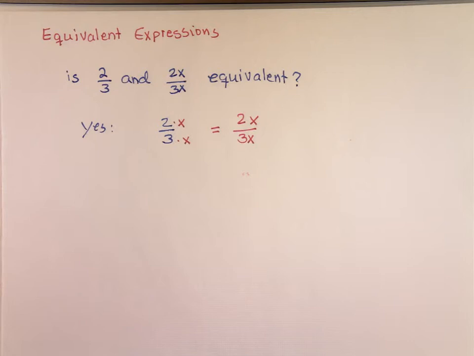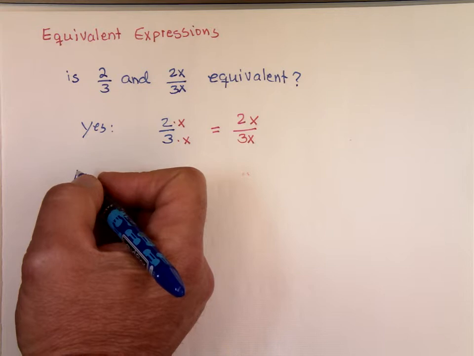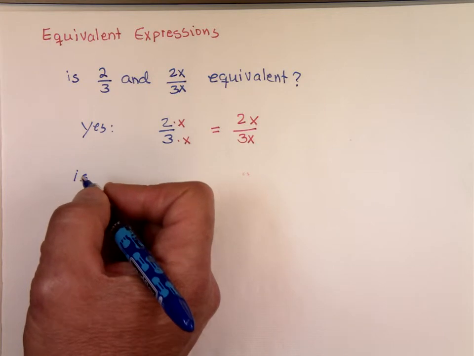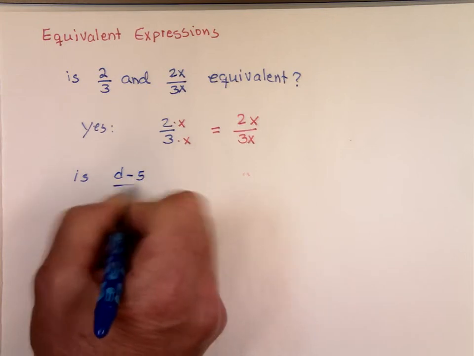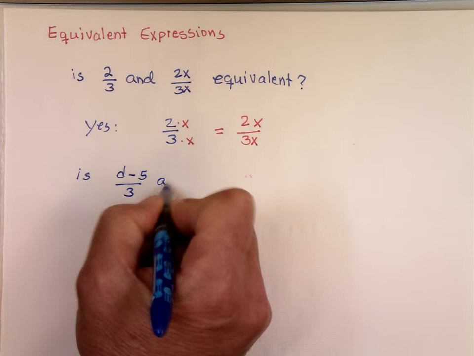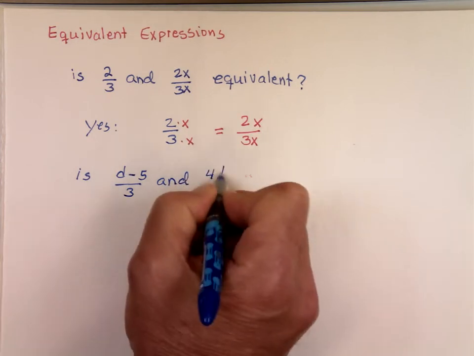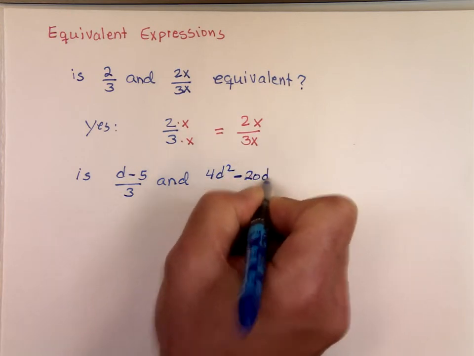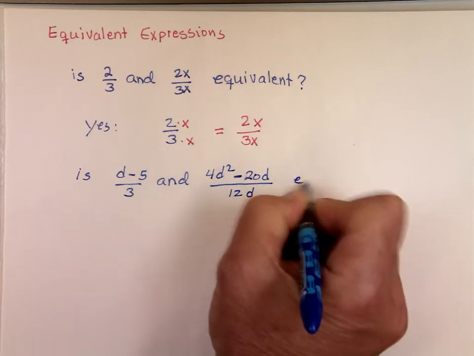Let's try another one. Is d minus 5 over 3 and 4d squared minus 20d over 12d, are they equivalent?